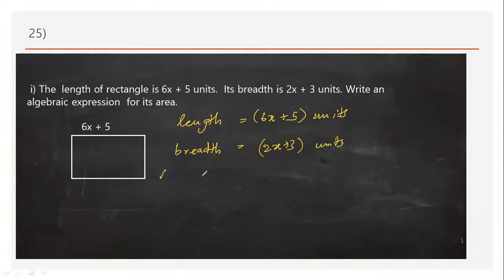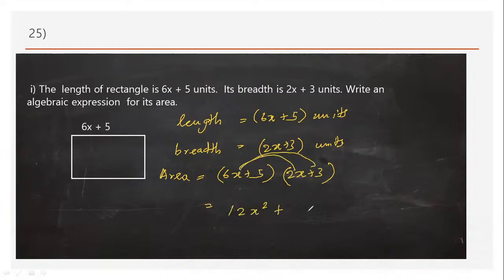Area is length into breadth: (6x plus 5) into (2x plus 3). Then you can write the area: 6x into 2x, 12x squared, plus 6x into 3, 18x, 5 into 2x, 10x, plus 5 times 3, 15.